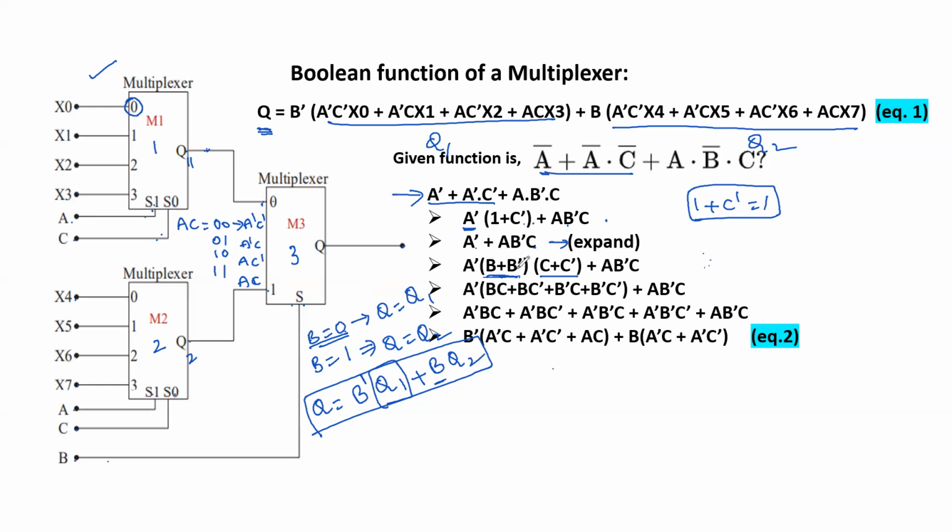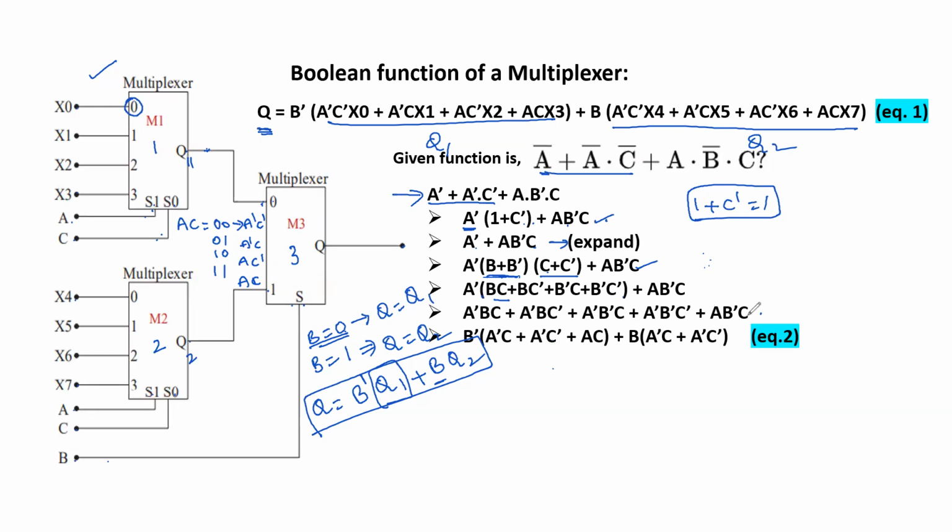Therefore, A dash into B plus B dash into C plus C dash, plus A B dash C as it is. Okay. Now we should multiply these two terms and then multiply with the A dash. Then it gives BC, BC dash, B dash C and B dash C dash. Again multiply with the A dash. Okay. Then the final terms are A dash BC plus A dash BC dash plus A dash B dash C. Then the final product terms are this one.